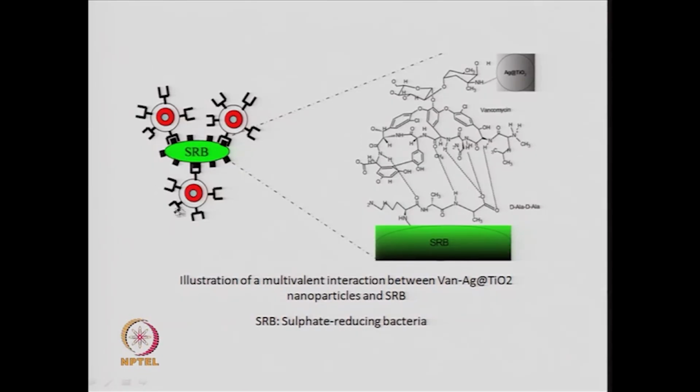These molecules attach to the bacteria, and then in the presence of UV light it degrades this bacteria. The rate of degradation is much faster if you use a combination of silver TiO2 and vancomycin instead of just silver TiO2 or just vancomycin, because two properties are acting simultaneously, one is the UV photocatalysis of silver TiO2 and the other is the antibiotic property of vancomycin.